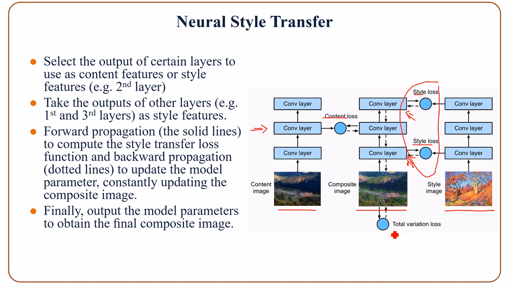And sum them together, we get the total cost. The solid lines show the forward propagation, and the dotted lines show the backward propagation. We use back propagation to update the composite image, and eventually we output the final composite image.